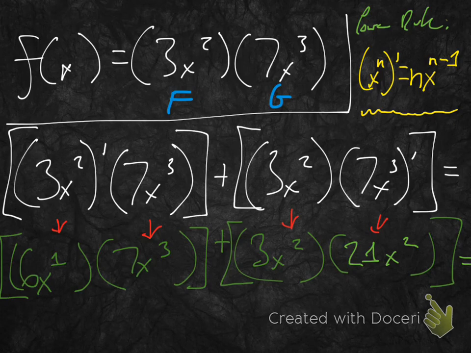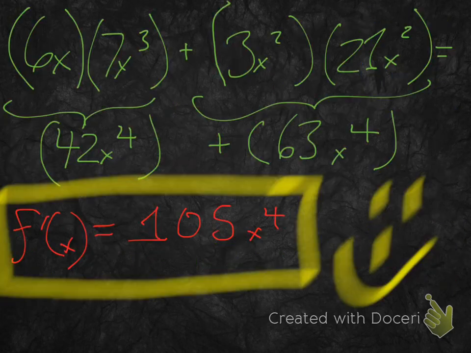And then we just did some simple arithmetical addition, not even algebra was required, and we were able to arrive at the final answer, that f'(x) is equal to 105x to the fourth.